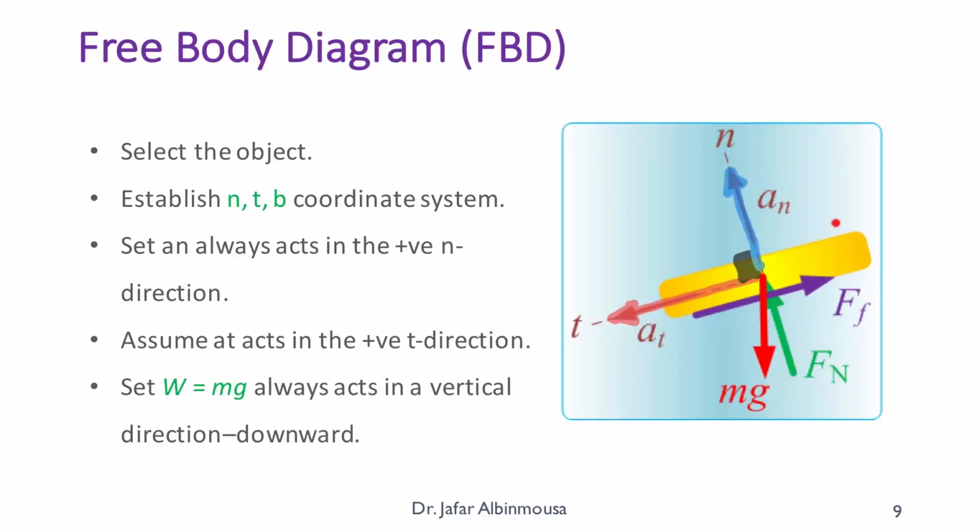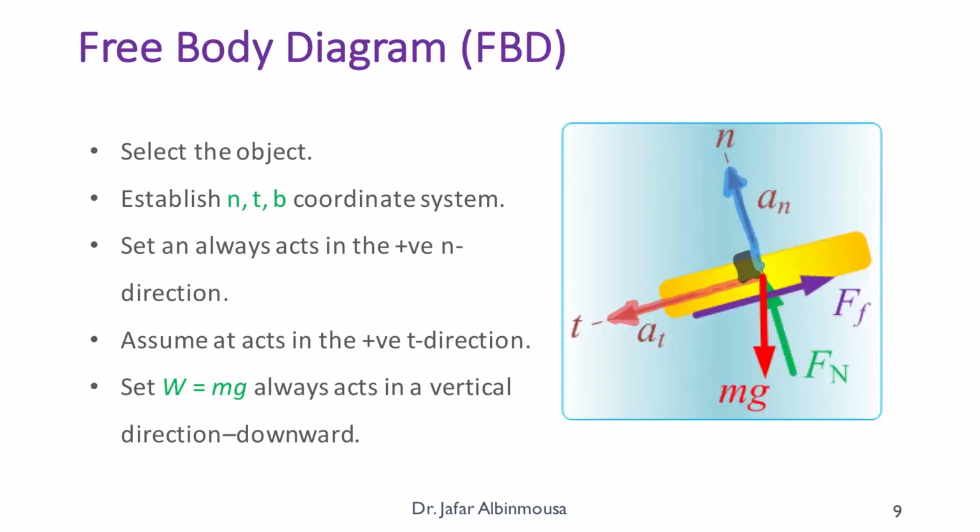Now, since the motion is downward, the friction force would also have to be tangential because it is always tangent to the surface. But this time, it's going to be in the opposite direction. It always opposes the motion. Also, the normal force is perpendicular to the tangent, in line with the normal axis.